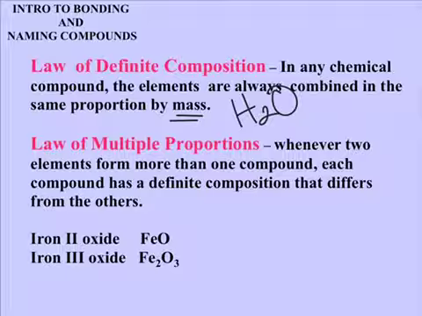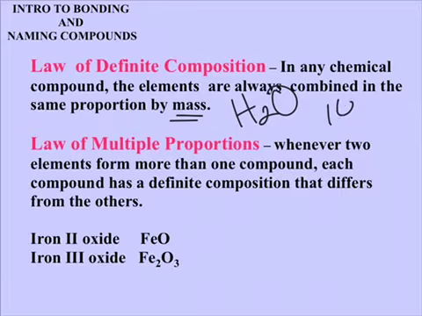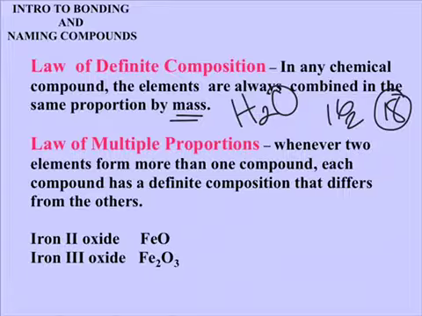So if you look at the way water exists and you focus on this word mass, you can look at the periodic table and we have that average atomic mass. And if you recall, oxygen is a 16, and the average atomic mass of hydrogen is a 1. There's 2 of those, so 1 plus 1 is 2. So we're talking about a mass of 18. We'll just say units for now.